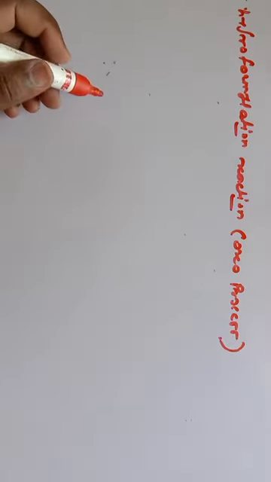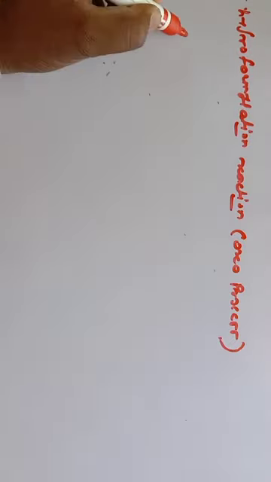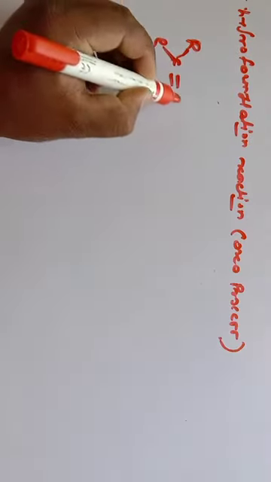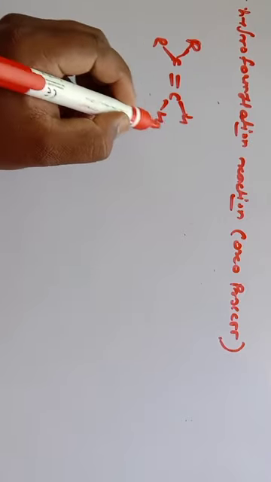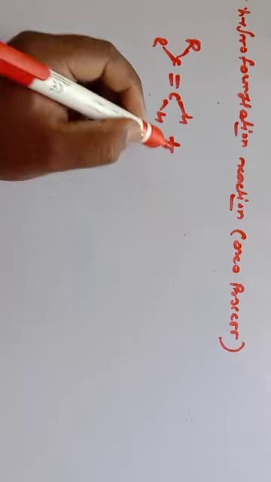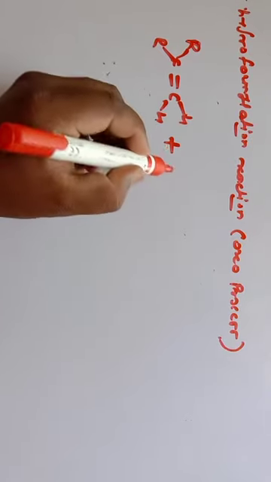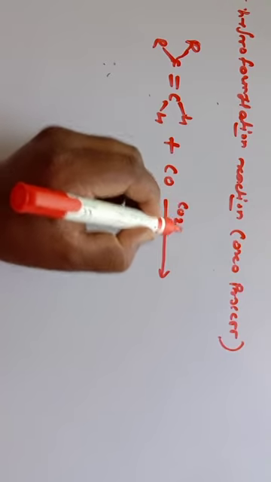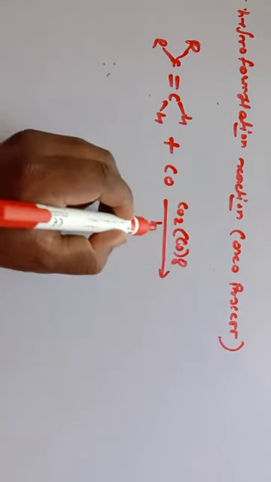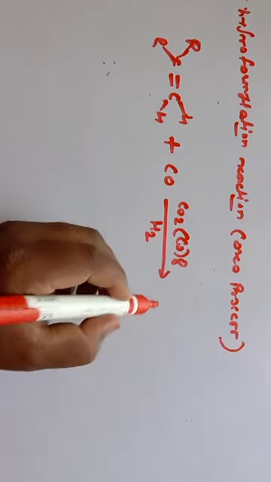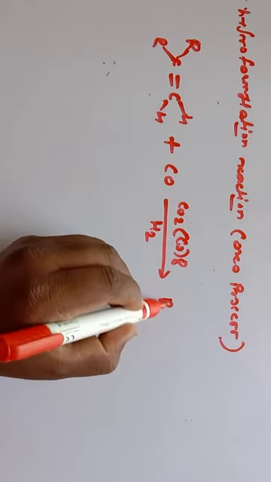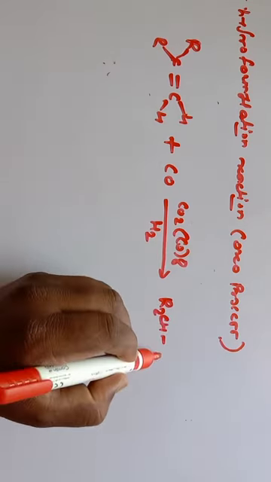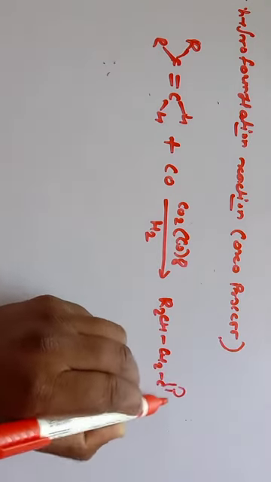This is the general reaction: R C R double bond C H H reacts with CO, in presence of dicobalt octacarbonyl and H2, to give R2CH CH2 C double bond OH.